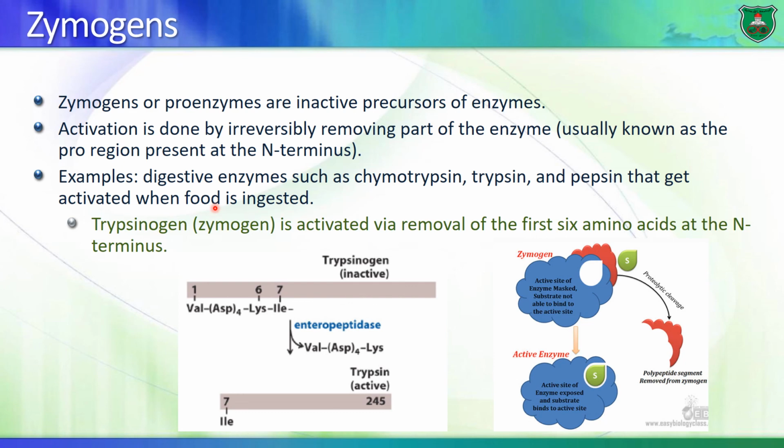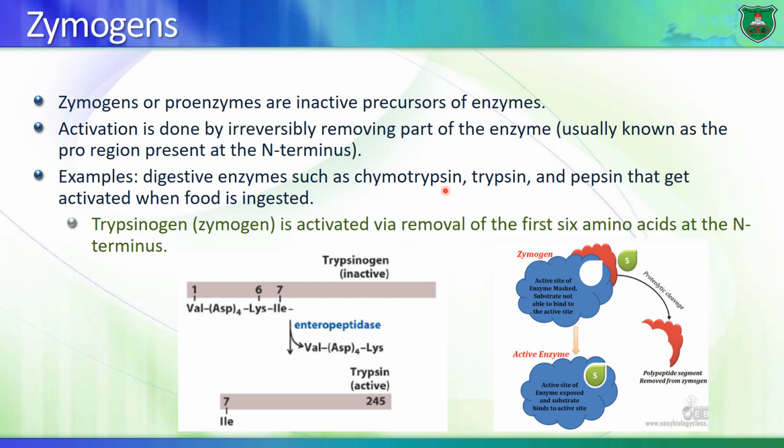Usually these enzymes include chymotrypsin, trypsin, and pepsin in the stomach, and the chymotrypsin and trypsin are intestinal. They are usually produced in the pancreas as zymogens. So you have these enzymes known as chymotrypsinogen or trypsinogen, meaning that these are zymogens.